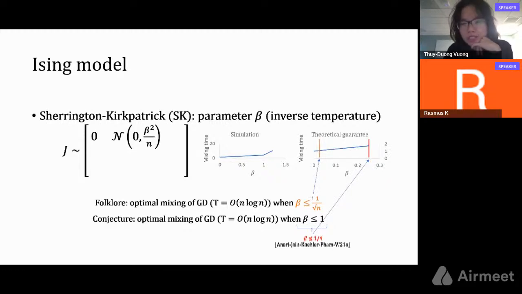Previously, we only knew this optimal mixing time when the interaction matrix satisfies something called the Dobrushin condition, meaning that the L1 norm of J, the sum of the absolute values of the entries in a row of J, is at most 1. This condition is only satisfied when beta is less than 1 over square root n. So our work is a big improvement on the magnitude of beta, a quadratic in n improvement. And beta equal to 1/4 is only a constant factor away from the threshold beta equal to 1 that is the conjecture.